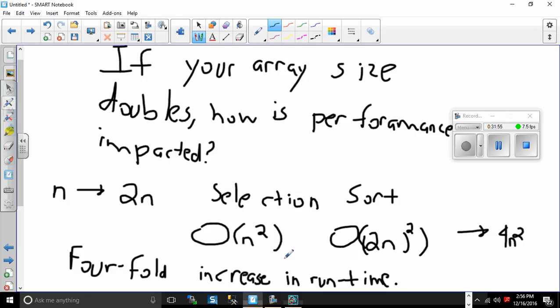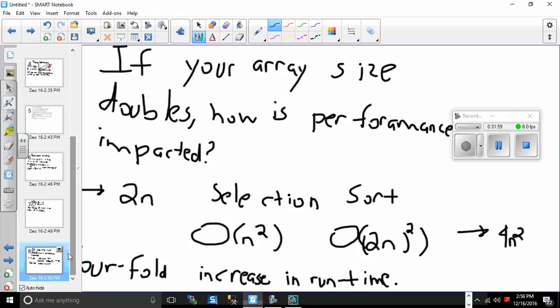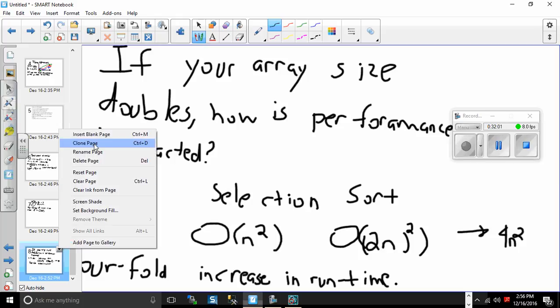So the other type of sort that you worked with was the merge sort. So let's see if we can attempt to analyze the runtime performance of merge sort, and then we'll compare merge sort performance with selection sort performance.